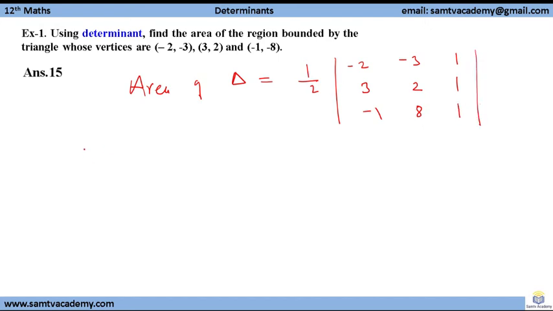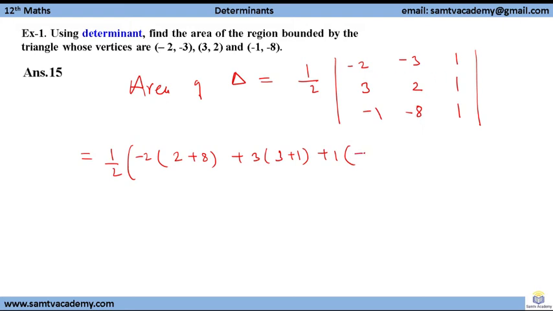So we'll write here 1 by 2, this 2, and this will take 2. This is minus 8. So plus 8, minus of minus will become plus. So this and this will go off. 3 plus 1, 3 plus 1, and then plus 1, this one and this one.